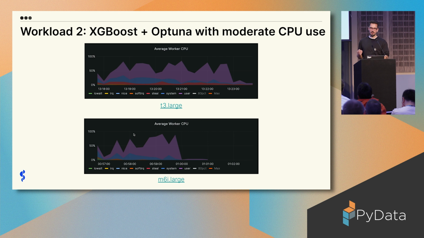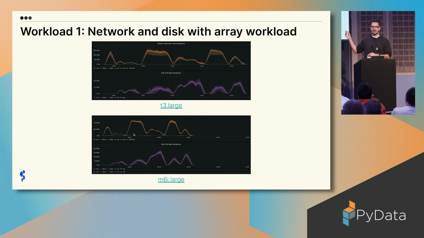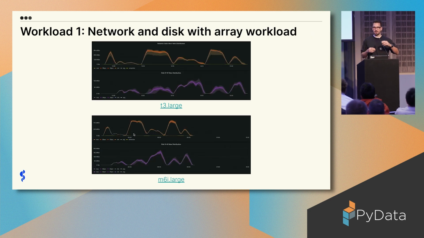Now, after looking a bit into the documentation of these instances, what we actually figured out was that, first of all, this result totally makes sense because the instances that we picked were basically the same on the CPU type and the amount of memory, but the burstable instances actually have worse network and disk hardware.